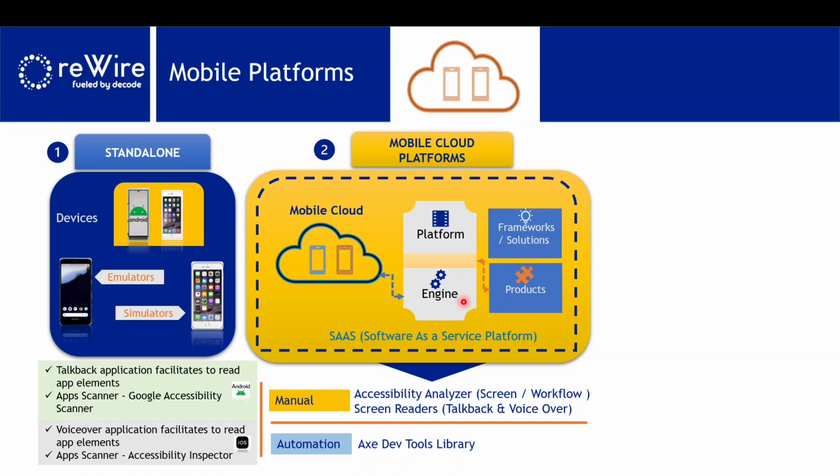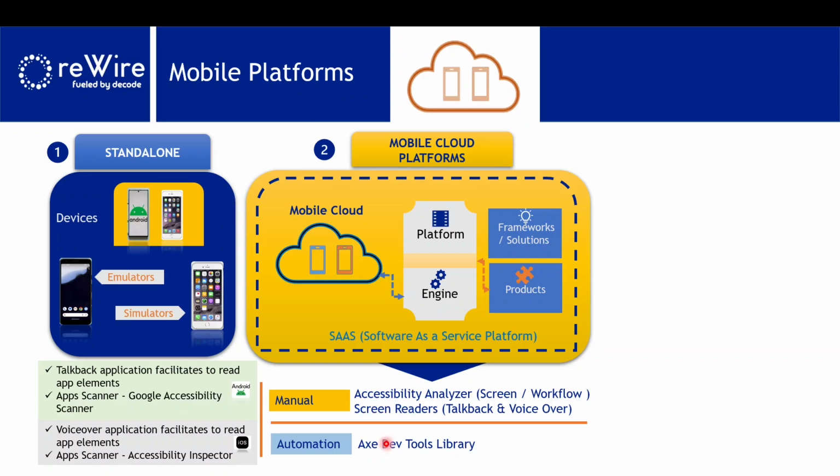That is one thing. And the next one is the core important one. Last time also I explained. So Deque Systems provides the axe DevTools library. In mobile also they have developed their own libraries, integrated with iOS XCUITest, and Android UI Automator and Espresso, and eventually those are all integrated with the Appium libraries as well.